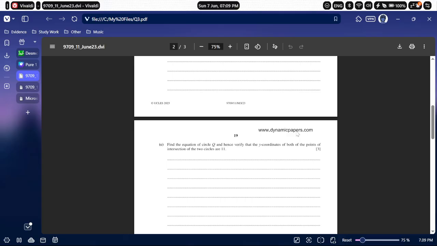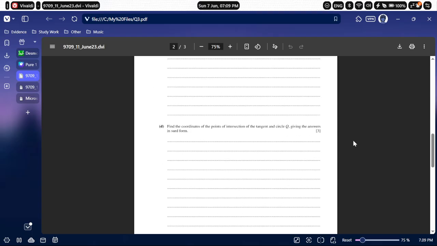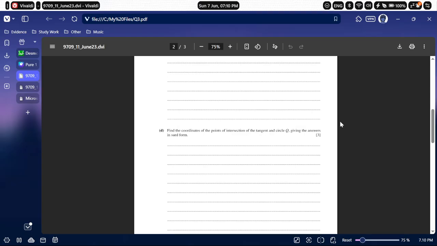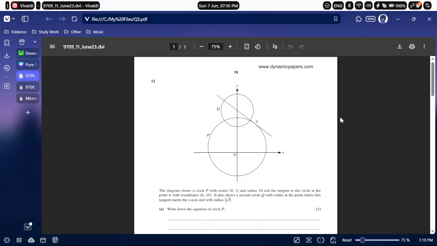For part D, we have to find the coordinates of the points of intersection of the tangent and circle Q. From part B and part C, we have derived the equation of line A and the equation of circle Q. Now we equate them to each other, or substitute the linear equation for line A into the y value of circle Q, and then you would have a quadratic in terms of x.